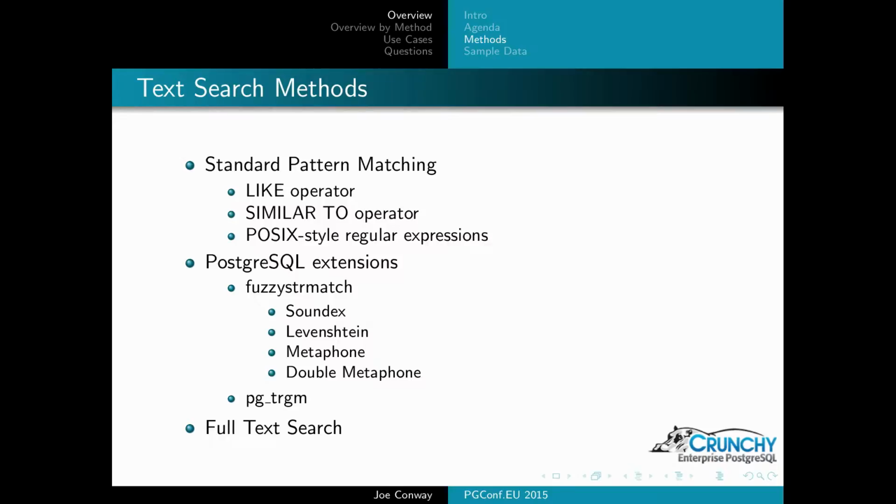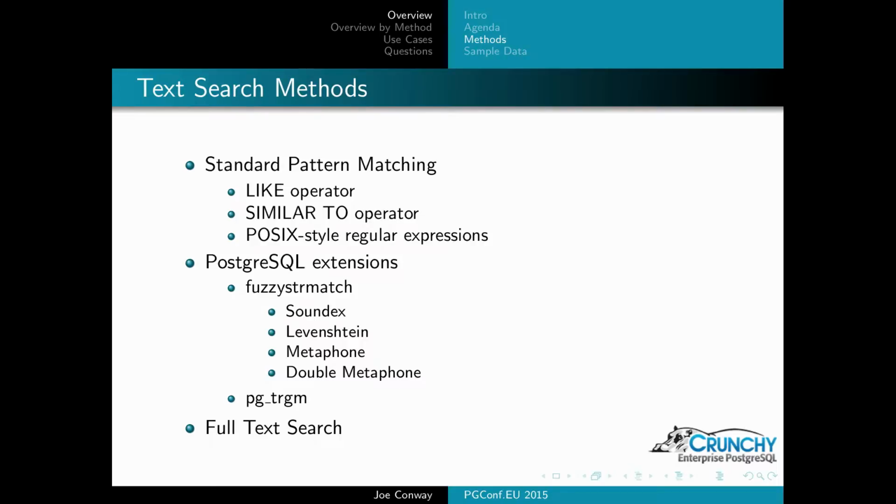I'm also going to cover some Postgres extensions. Fuzzystrmatch has 4 different methods for doing fuzzy matching. So we'll go through how those work quickly. Soundex, Levenshtein, Metaphone, and Double Metaphone. And then this other extension, Trigram, or pg_trgm, which is hard to say 10 times fast.